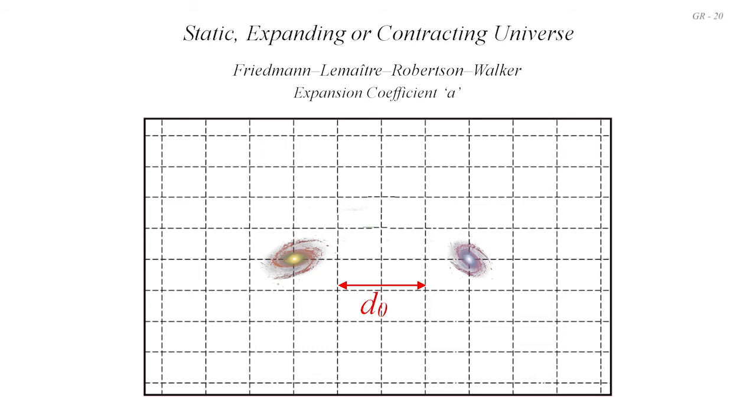In this situation, the galaxies would actually be measured to have an increased new separation, even though they themselves have not actually moved within the space. Let's suppose that the new measurement of the separation is d, which is shown here now in blue.